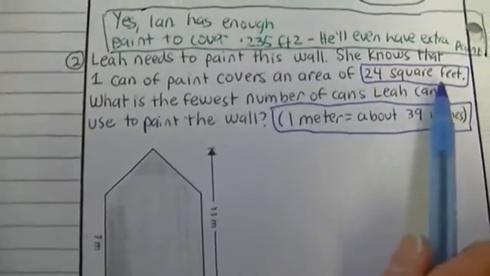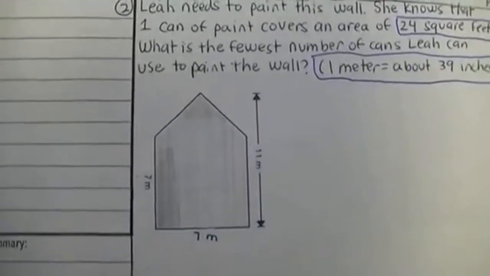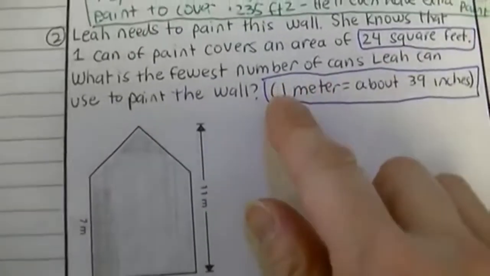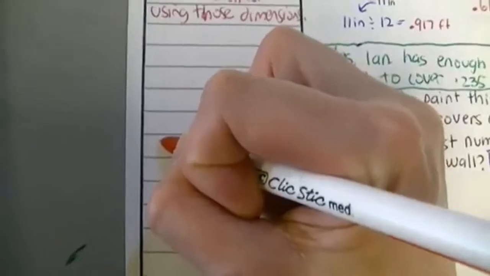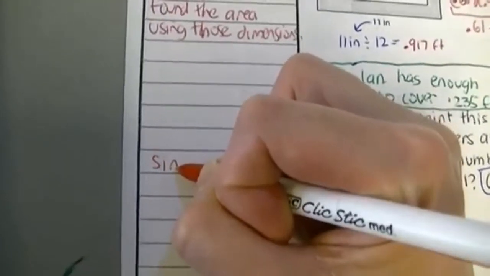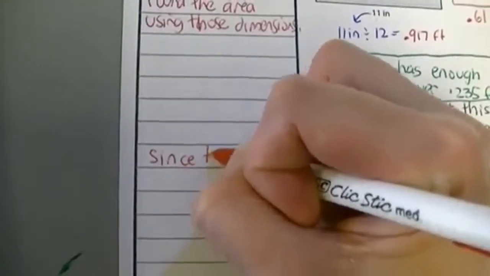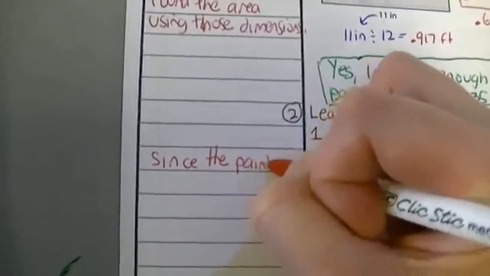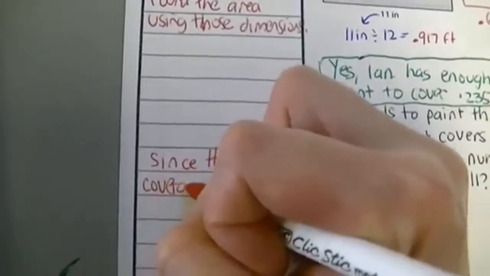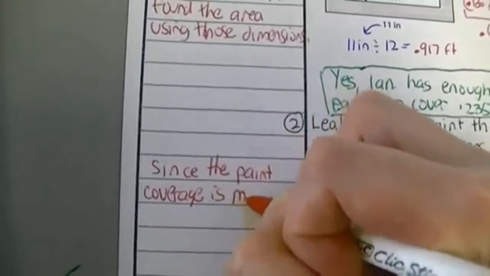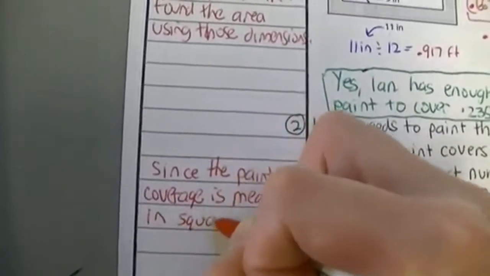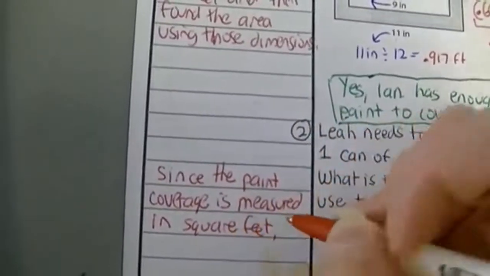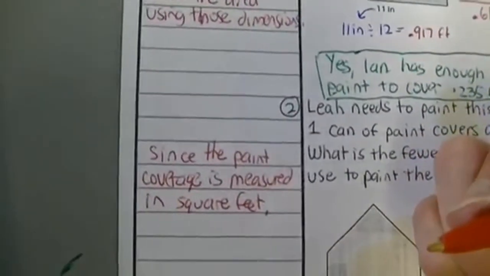So I'm seeing that the paint is in square feet, this is in meters, so that's a couple of conversions right there, because they only tell me that 1 meter is equal to 39 inches. Here's how I would start my conversions. Since the paint coverage is measured in square feet, we're going to convert the dimensions from meters to inches to feet.